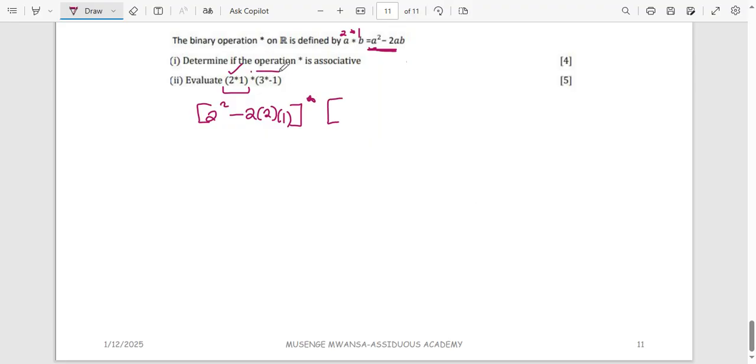Then we go to the second part, that is 3 star negative 1. Again, the same operation: where there is A, we'll put a 3, where there is B, we'll put a negative 1. So that will be 3 squared, because the A was squared, minus 2 times 3 times negative 1. Is there anyone left out?